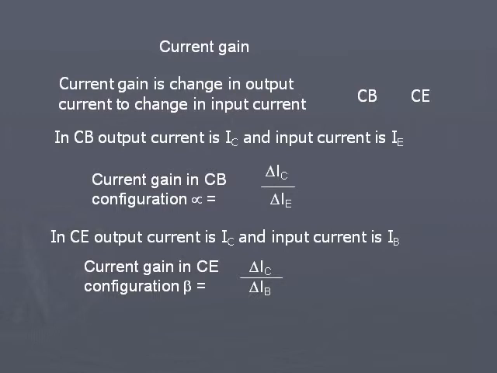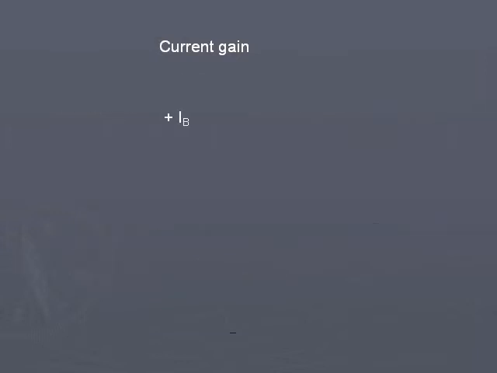So beta is equal to delta IC by delta IB. This is beta. In a transistor, the relation between currents is given by IE equal to IC plus IB.